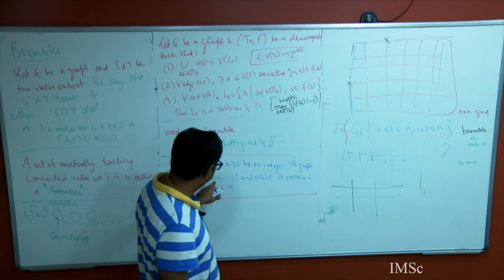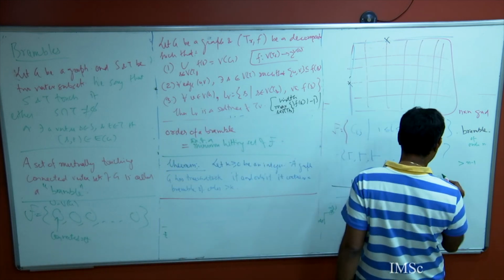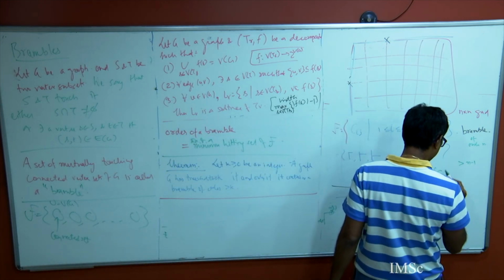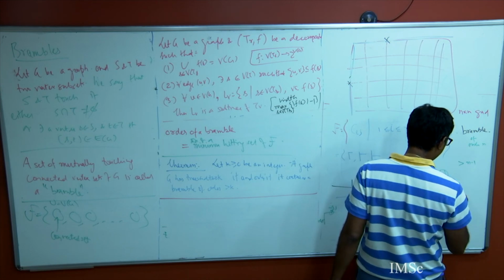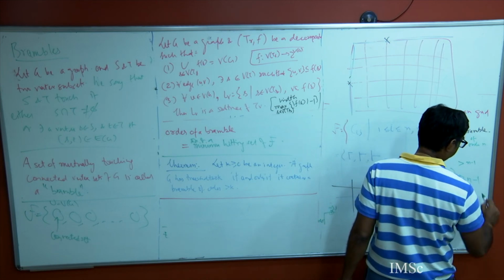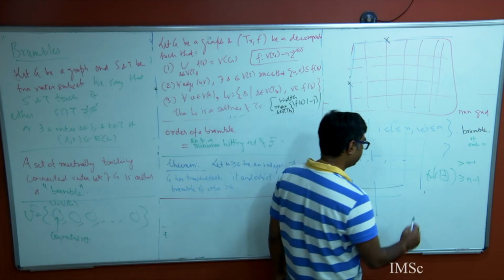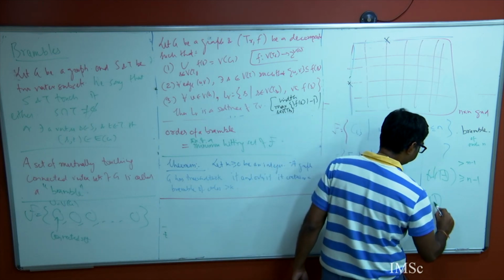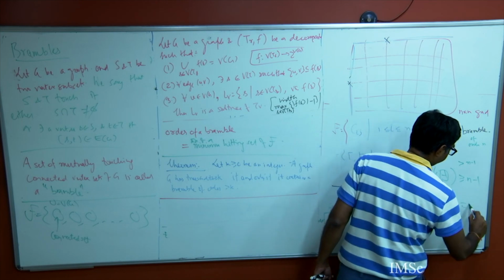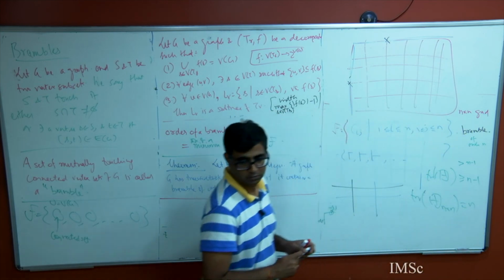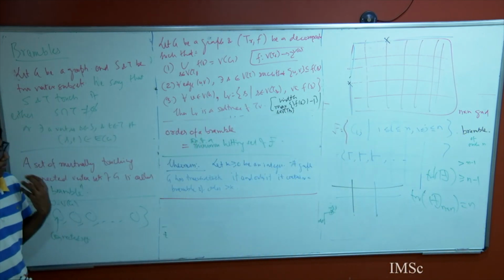So the graph G, the n cross n grid, has tree width at least n minus 1. You can also work hard and show that the tree width of the n times n grid is actually equal to n. So what does it imply?